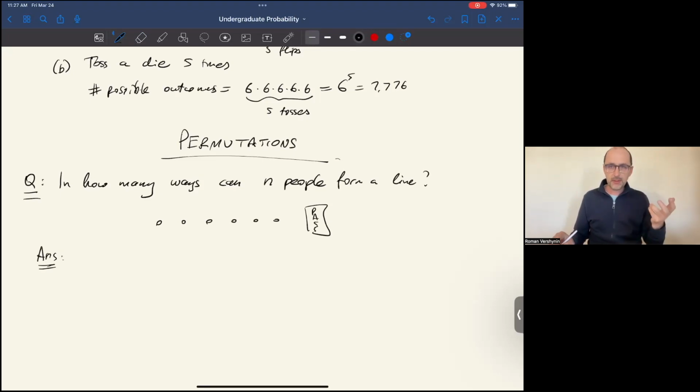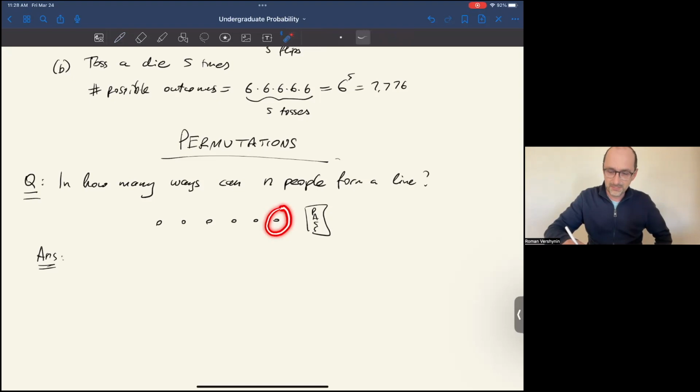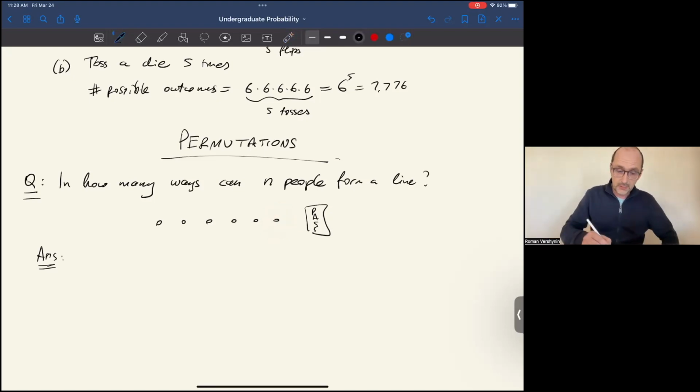In this experiment, our first step is to select the first person in the line, the luckiest one, who will get to the border control first. How many ways are there to do that? Well, there's n passengers, so there's n possible ways to choose the first person.